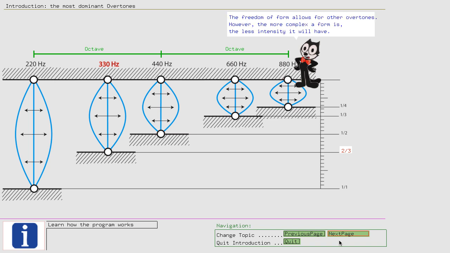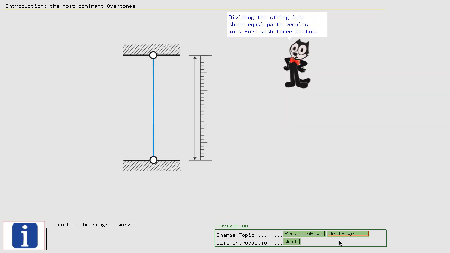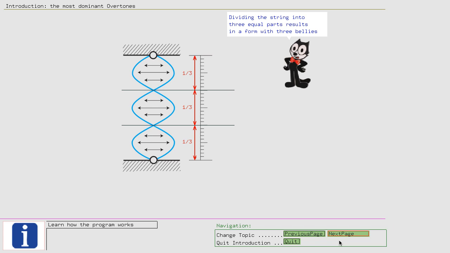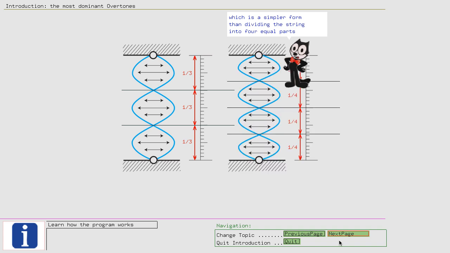The freedom of form allows for other overtones. However, the more complex a form is, the less intensity it will have. Dividing the string into 3 equal parts results in a form with 3 bellies, which is a simpler form than dividing the string into 4 equal parts.